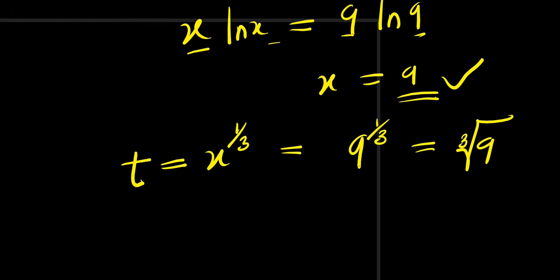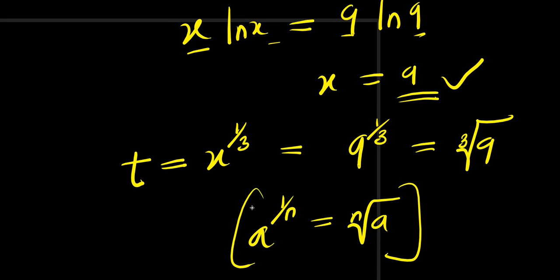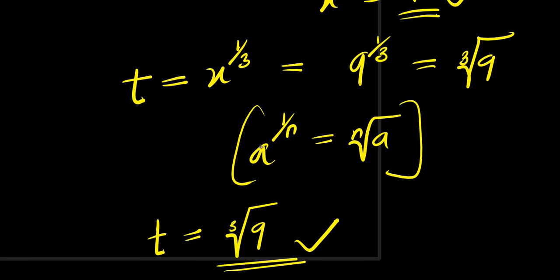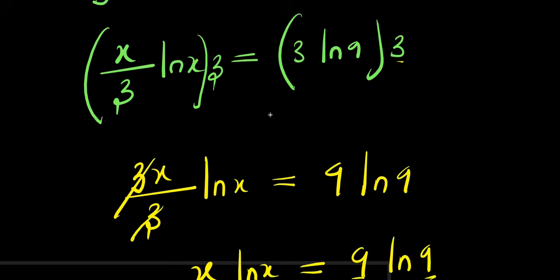Because if you have a power 1 over n, this equals the n root of a. So that means we are going to have t equals the cube root of 9. Okay, that is that.